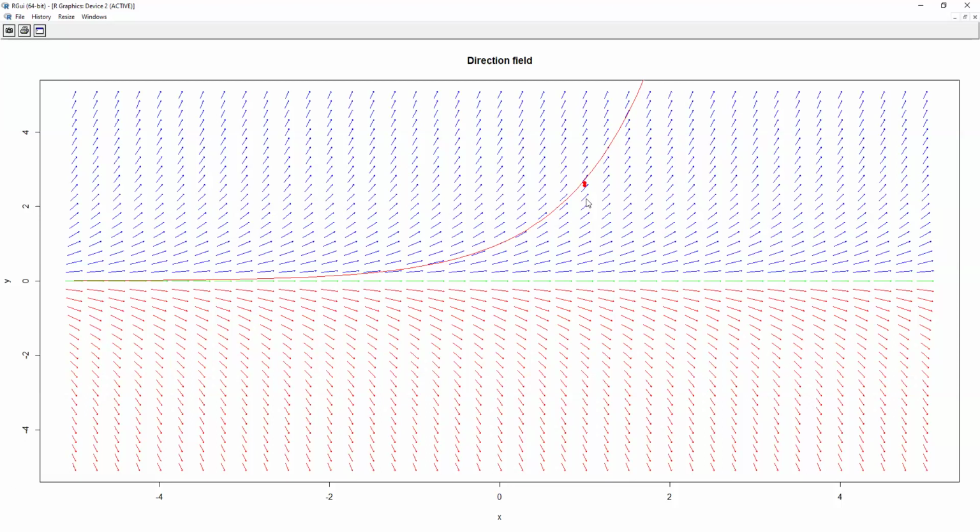You can also see when you draw a horizontal line, all the slopes that cross that horizontal line are the same, which makes this autonomous and makes it easy to predict the behavior. And of course, once we see different applications, you see that sometimes tracing these is not too easy. Okay, thank you.